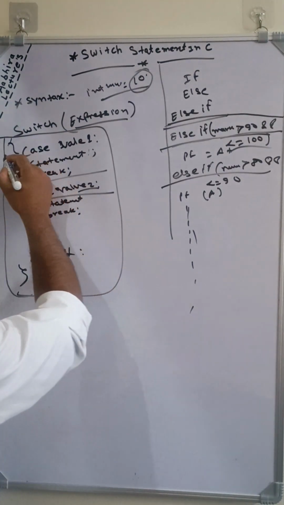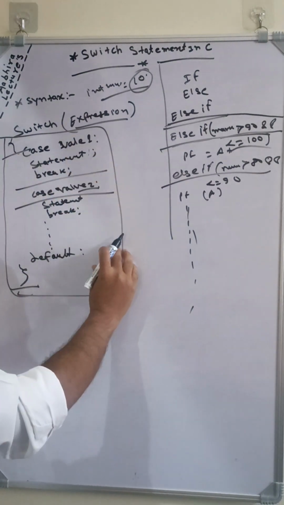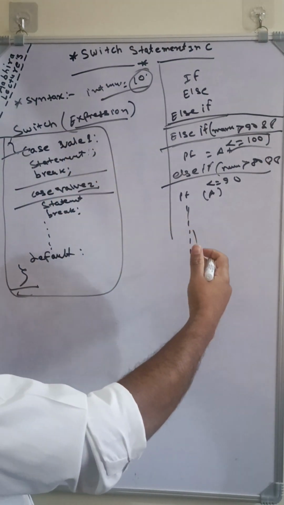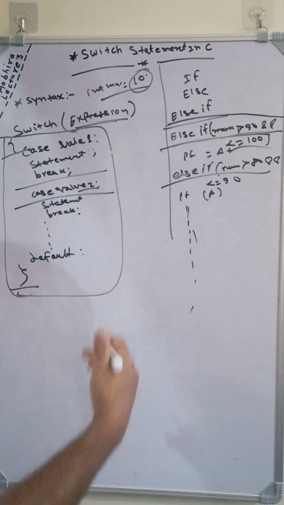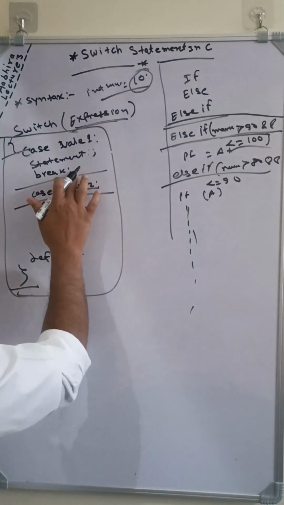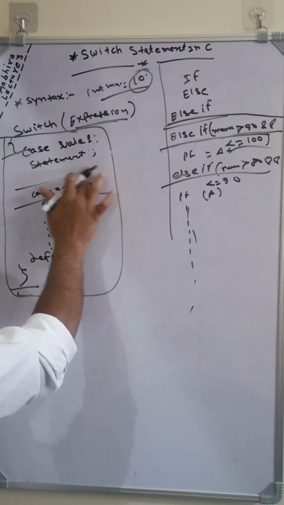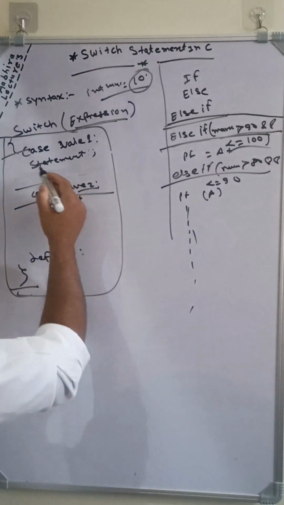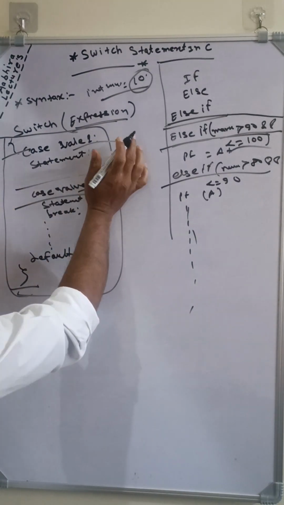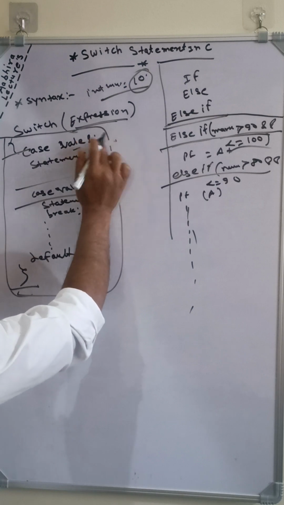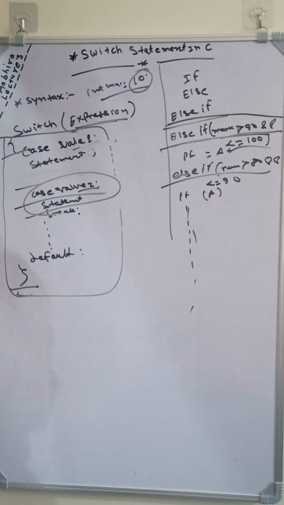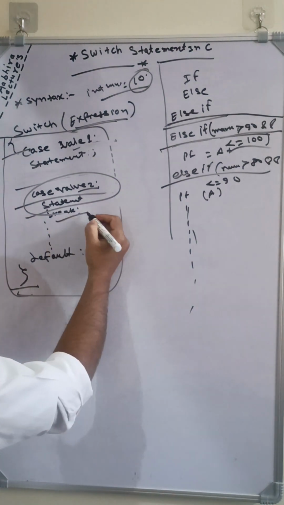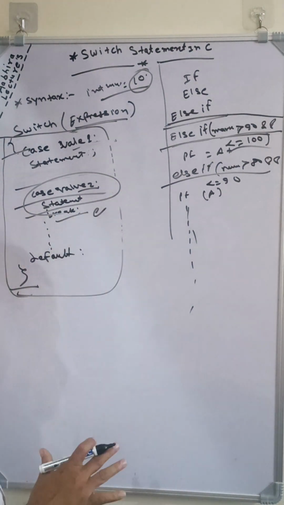In one block you can write multiple cases, and whichever one you want to execute, that one you can print. That is why we use break. If you do not write any break, suppose this case is true and executes, then it will execute the next case also.